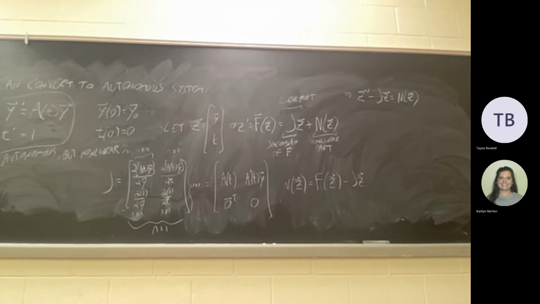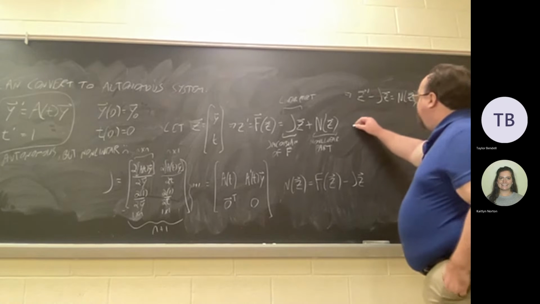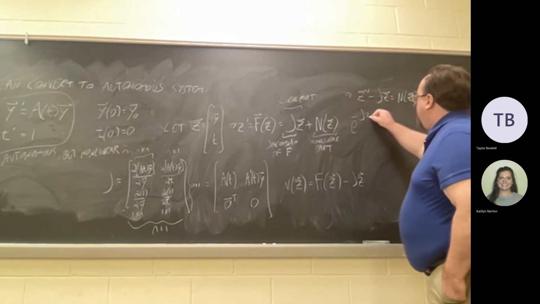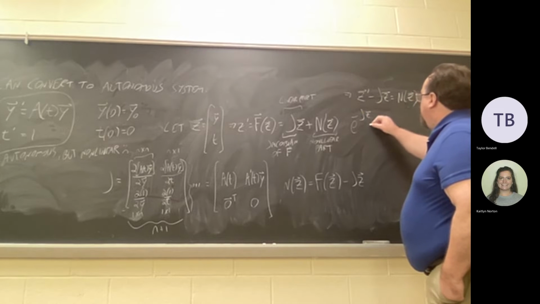You can think of it as a system of linear ODEs, except with a nonlinear source term. But we're going to treat this as a source term, even though it really isn't technically, because it depends on z. But then what I can still do with this is use what we've seen in other situations, an integrating factor. I can multiply both sides of this by e to the minus Jz.